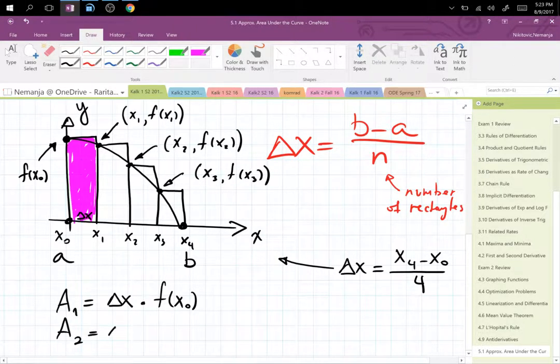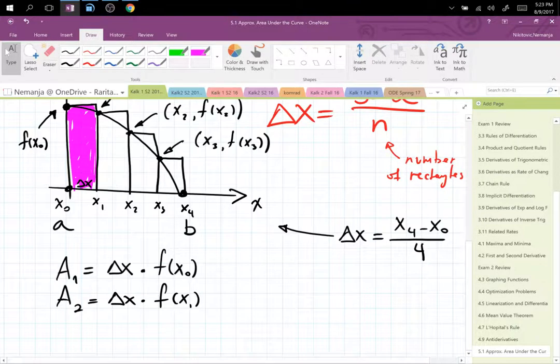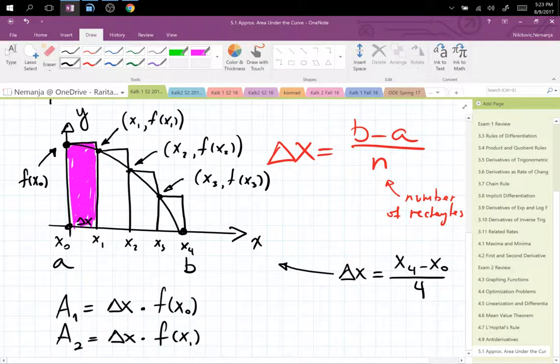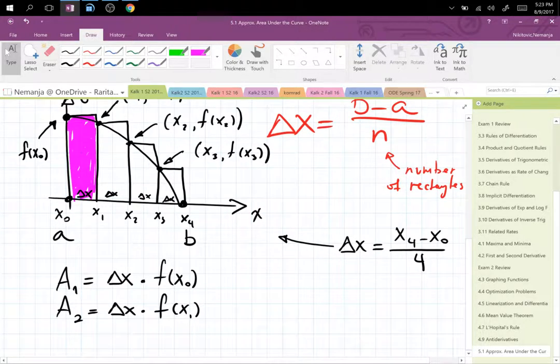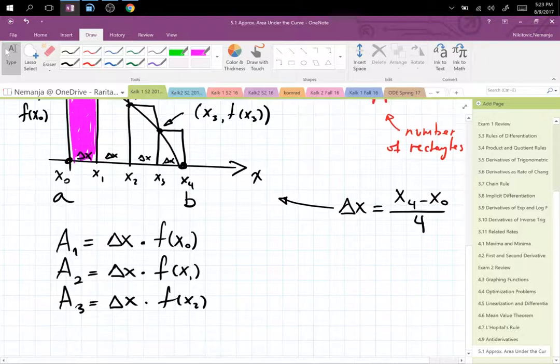Area 2 is delta x times f of x1. That's the second rectangle. The height for that rectangle is given by f of x1, so that will be the y value. And each one of these widths is delta x. They're all the same. By that token, A3 is delta x times f of x2, and area 4 is delta x times f of x3.